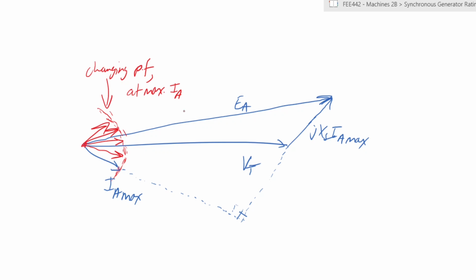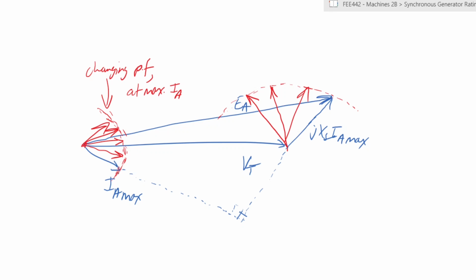That would mean that there would be a corresponding locus over here for your voltage on this side, right? So your limits in terms of current would have a corresponding set of these values of jXS IA max.